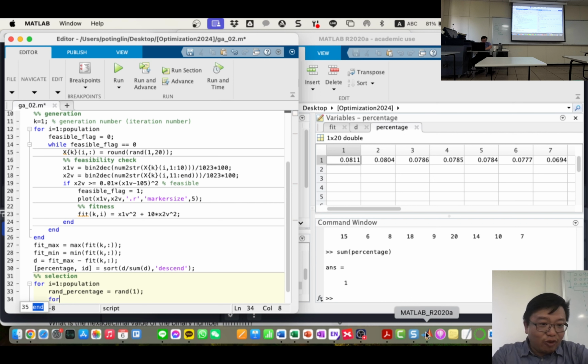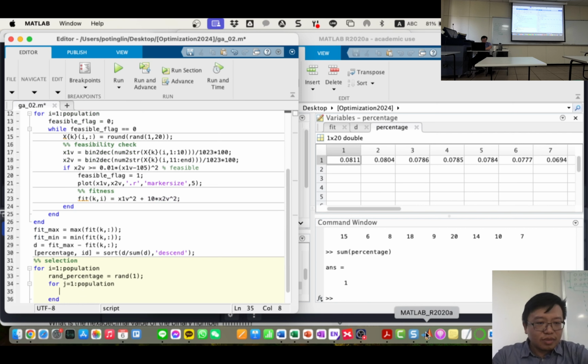So there's another for loop. The percentage, the ith one, and minus the random number.